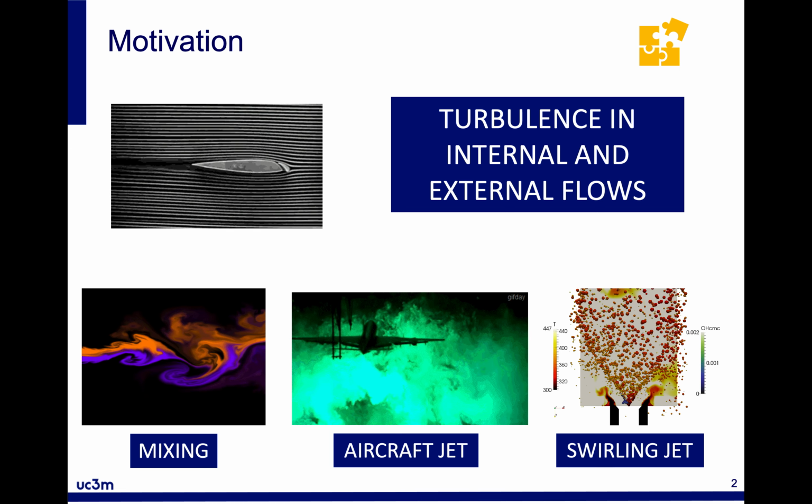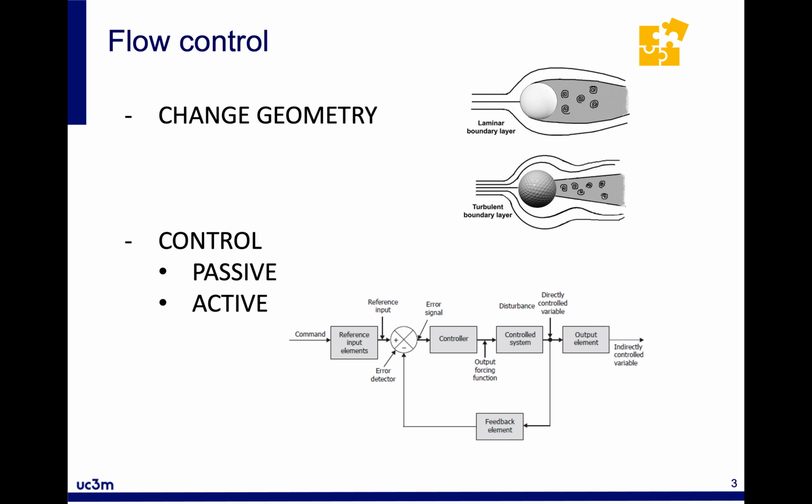on efficiency. We can modify the flow with something as simple as a change in the geometry, but to apply properly control strategies to adapt it to different environments, to different operating conditions, we can consider passive control or active control strategies, which is where we are aiming.